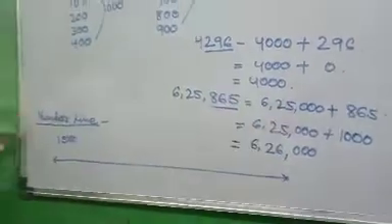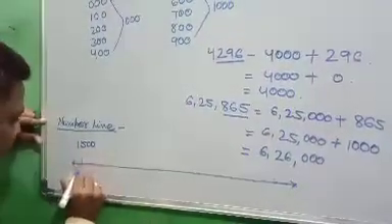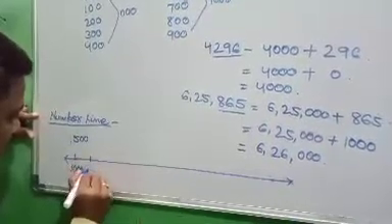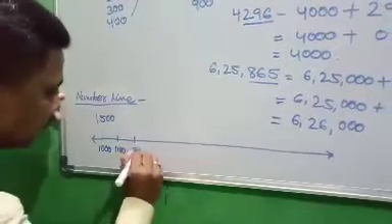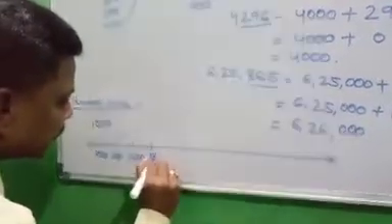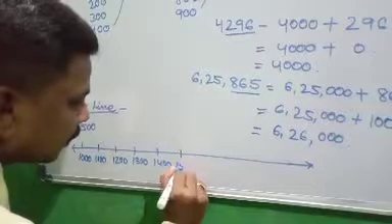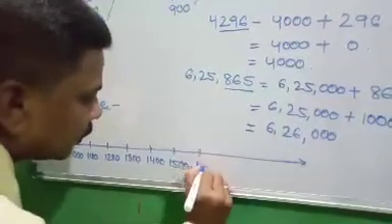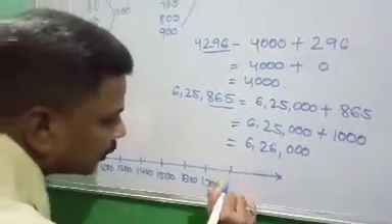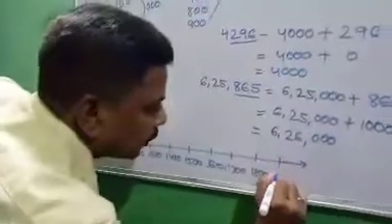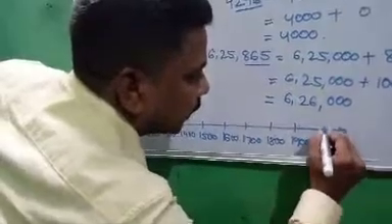First you have to think, 1500 will come between which numbers? 1000 to 2000. 1000, 1100, then our last number is 2000.